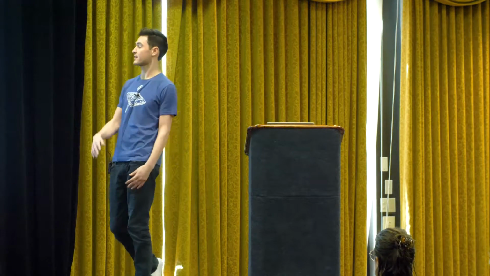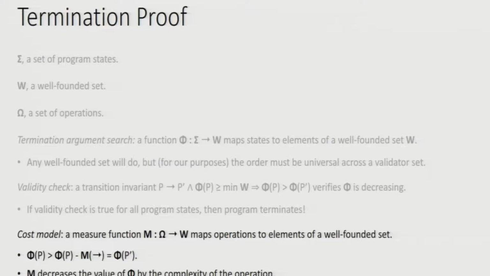Cool. So essentially this is just a more general proof to say that the validity check is true for all program states, and the program eventually terminates. And we can add one more thing that Turing didn't include, but that Ethereum did, which essentially allows us to charge universally for computation, and that is a cost model. A cost model is defined as any function that will take an operation from a set of operations and map it to a cost.